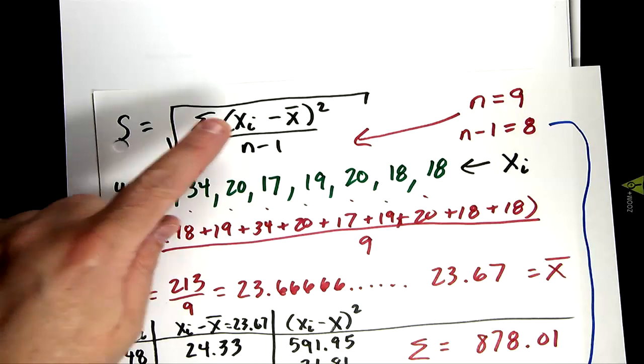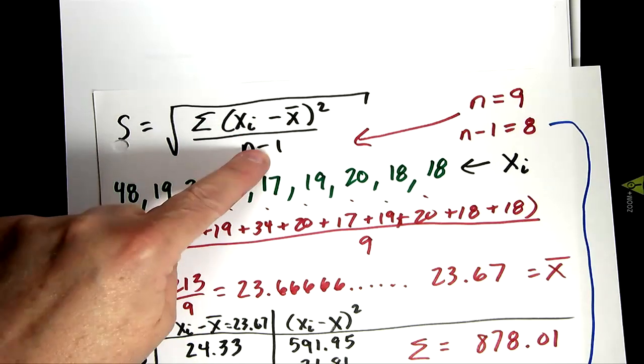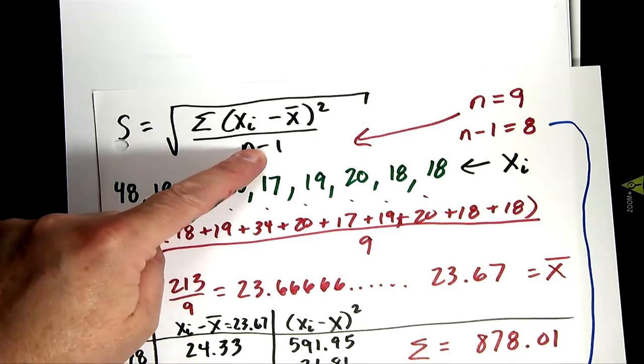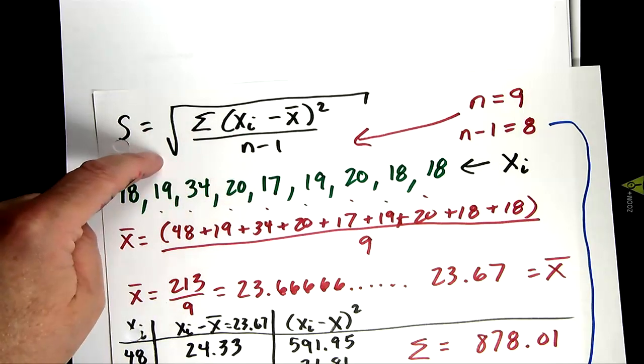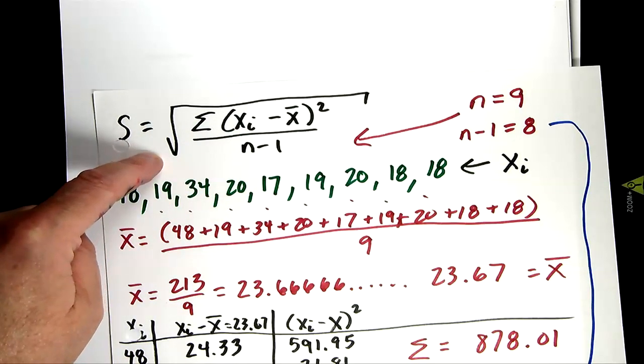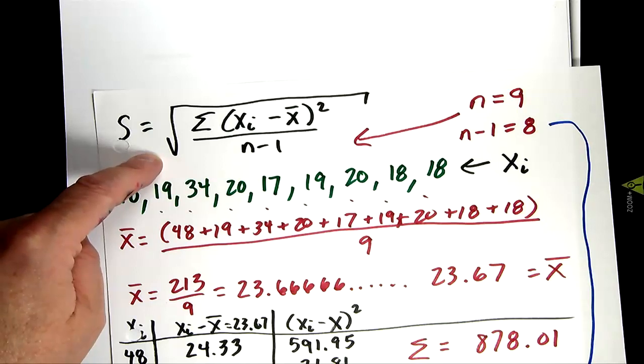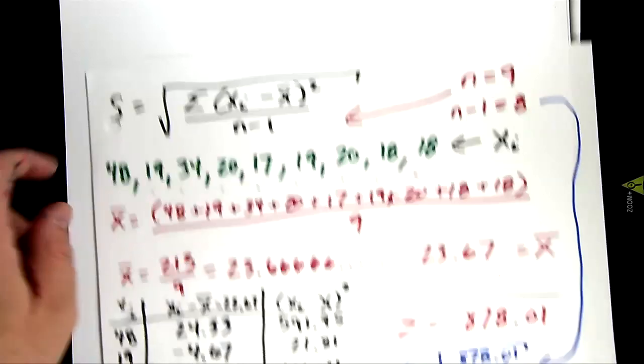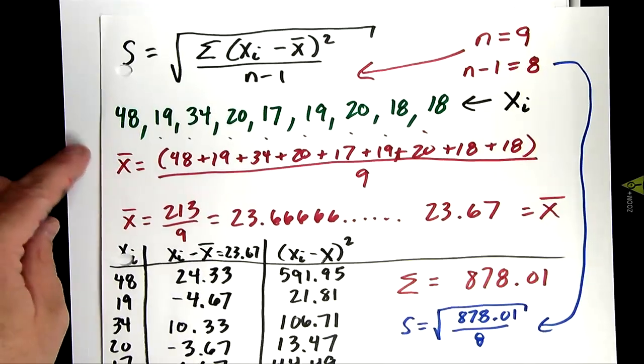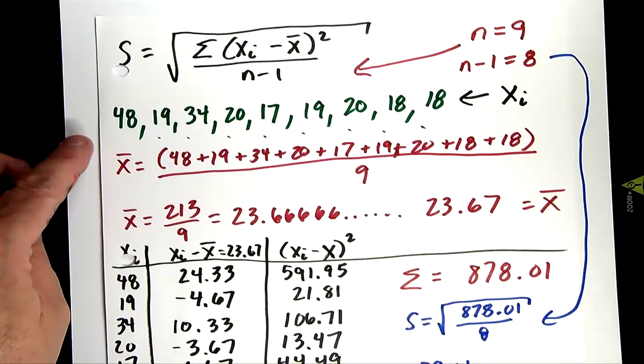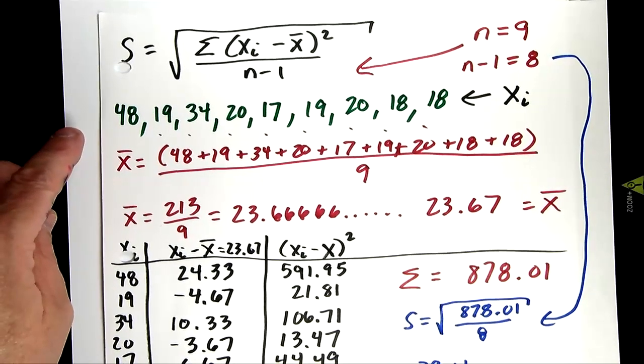We got one thing minus another squared divided by a value. The only thing different is they do take the square root at the end. So when we're doing standard deviation, the computer is going to do all of this for us. But this is the mechanics behind what's doing it. I'm just expediting it real quick just to show you how bad it gets without actually walking through it all.